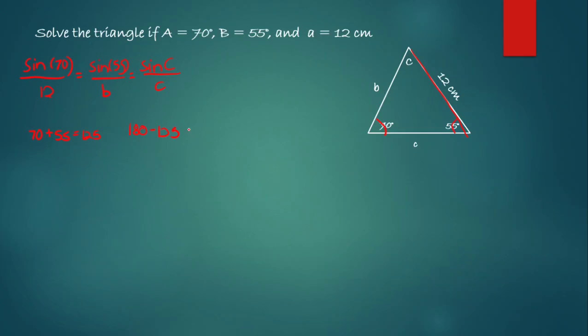So the difference of 180 and 125 is 55 degrees. Therefore, angle C equals 55 degrees.